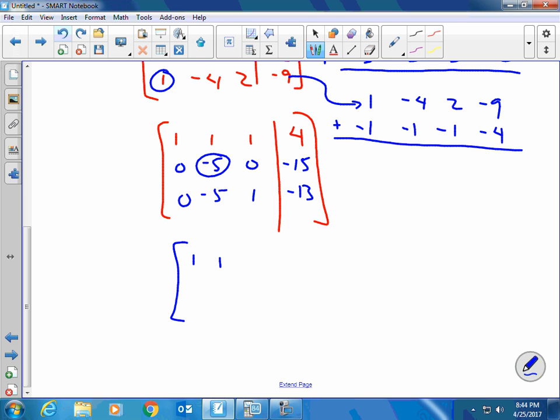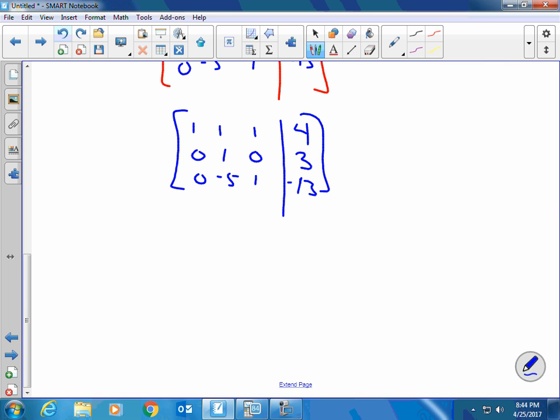Leave the first row alone because it's already what we want it to be. Remember, from a 2 by 2, to make something a 1, we divide everything in that row by itself. So I have 0, 1, 0, 3. Divide everything by negative 5. Rewrite this row here, because we're not going to do anything with it right now.